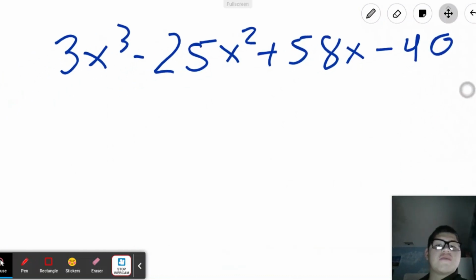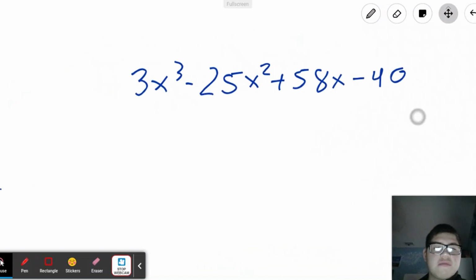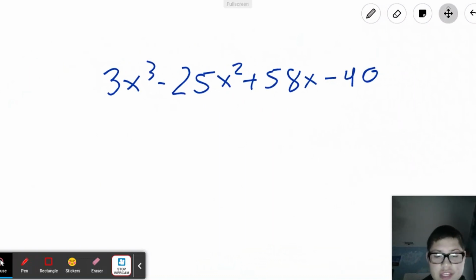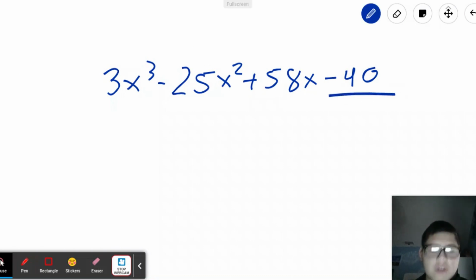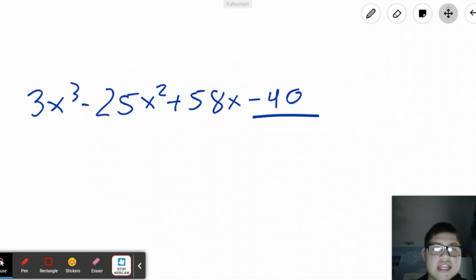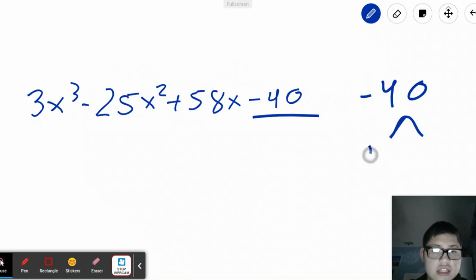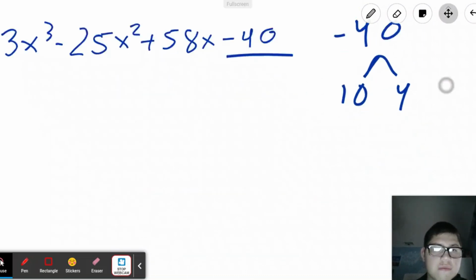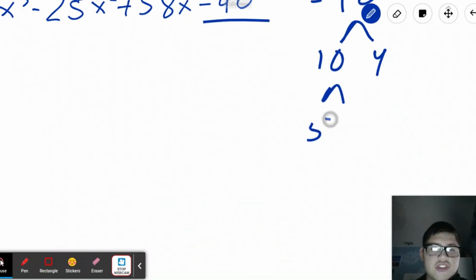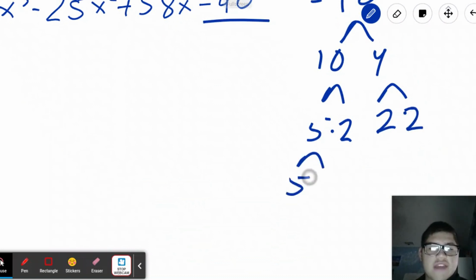Alright, so what I'm very confused on in this problem is, what did you mean by trying to factor out these variables? So for example, this is what I would do in my homework. I would get 40, and then I would make a graph like minus 40 that would be separated into 10 and 4, 5 and 2, 2 times 2, and 5 times 1, and 2 times 1.